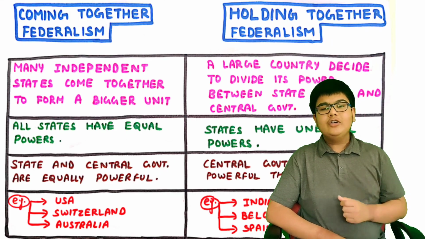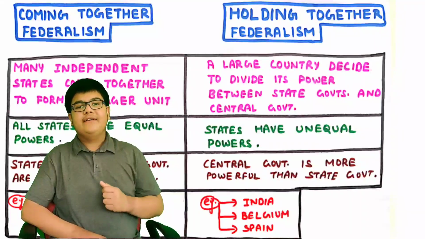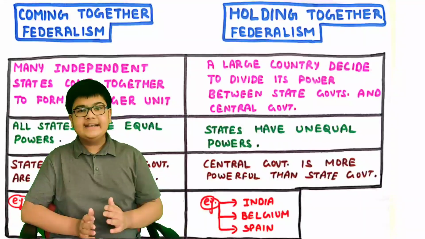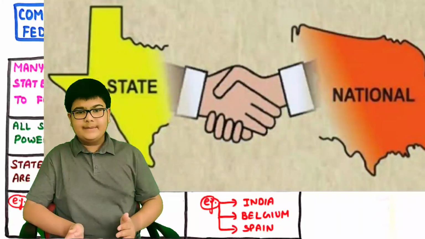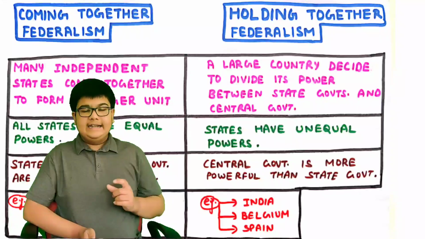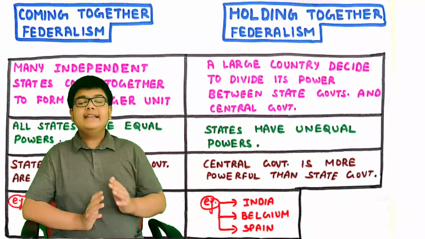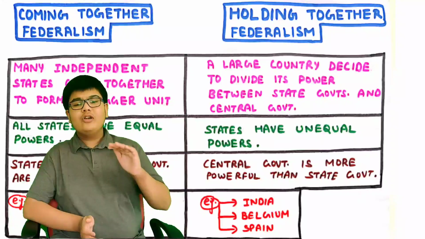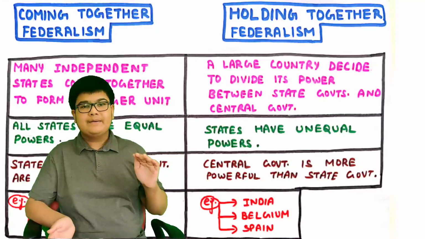So now let us discuss holding together federalism. In this, a large country decides to divide its power between the state government and the central government. And in this, the states have unequal powers. So a few states are very powerful while other states are less powerful.